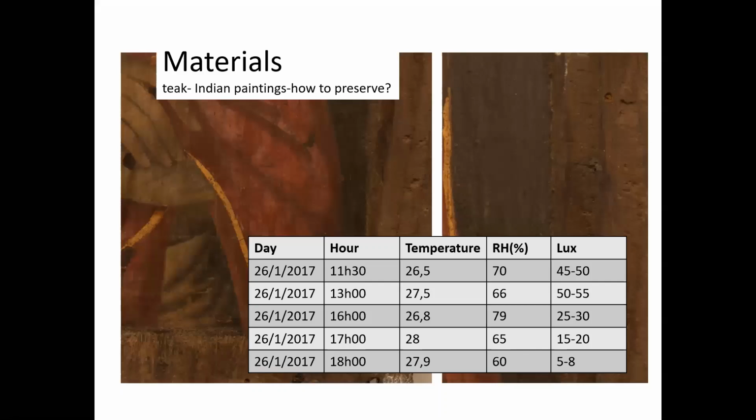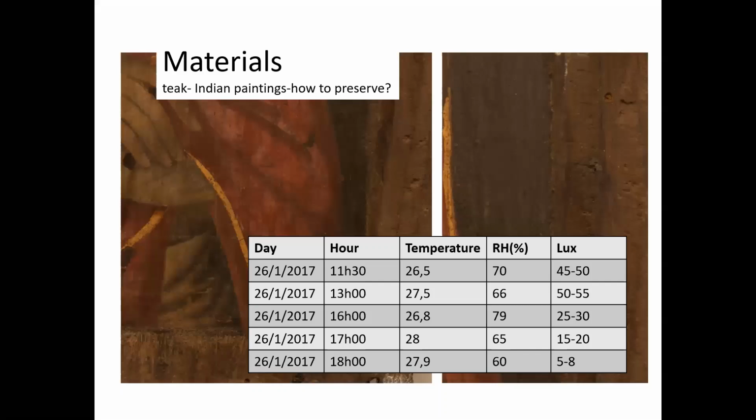When we were in Goa, we measured the temperature, the lux, and the humidity of the place, and we can see that it's a big humidity, and this promotes the degradation of the organic pigments.